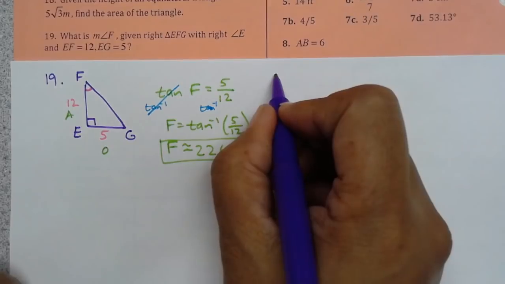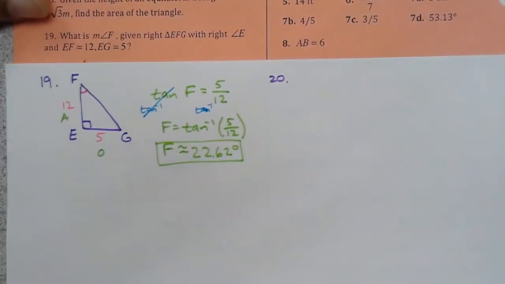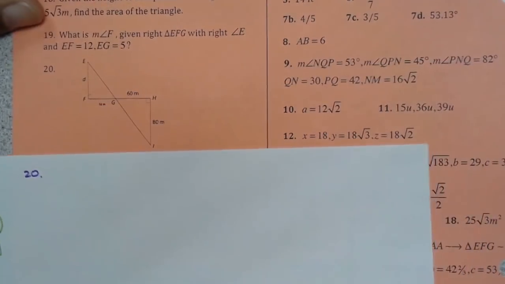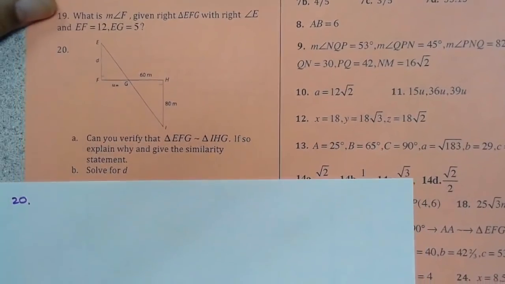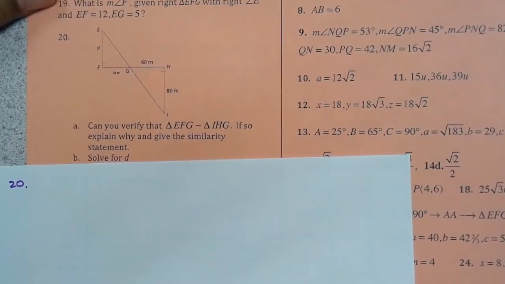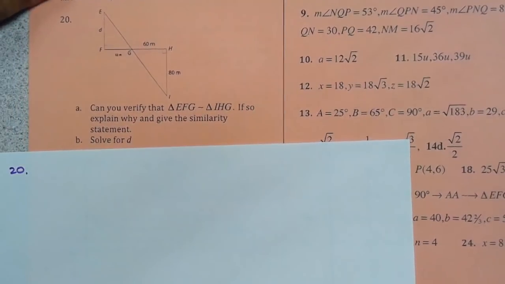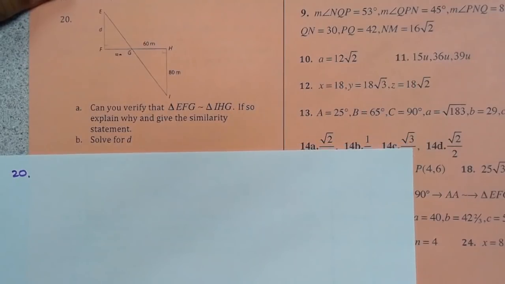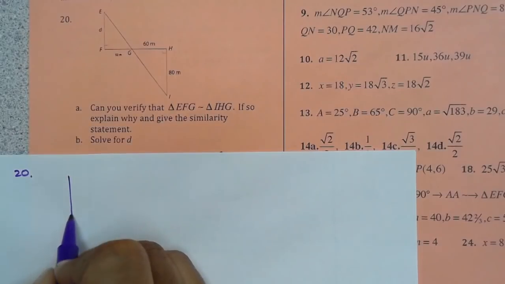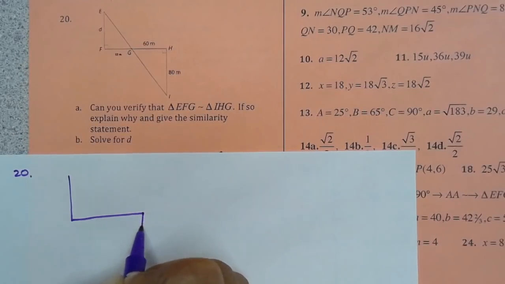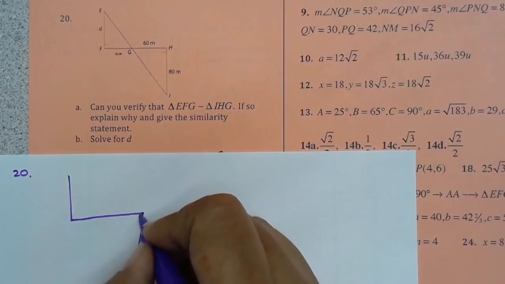All right, let's go ahead and go to number 20. Here we have a triangle that we are going to do a few things with. Looking at this triangle, we're asking ourselves, can you verify that these triangles are similar? I'll draw it.